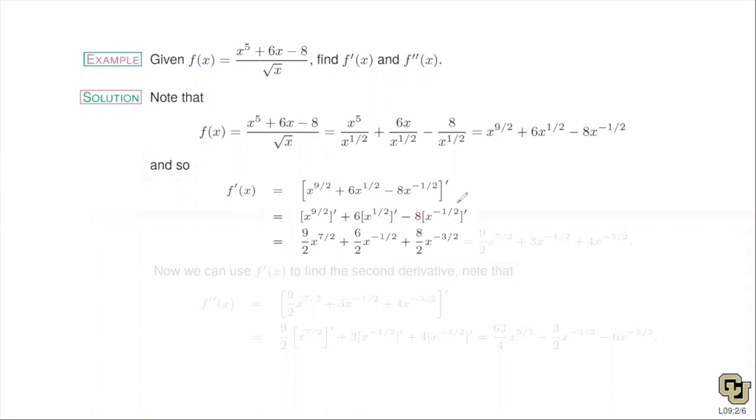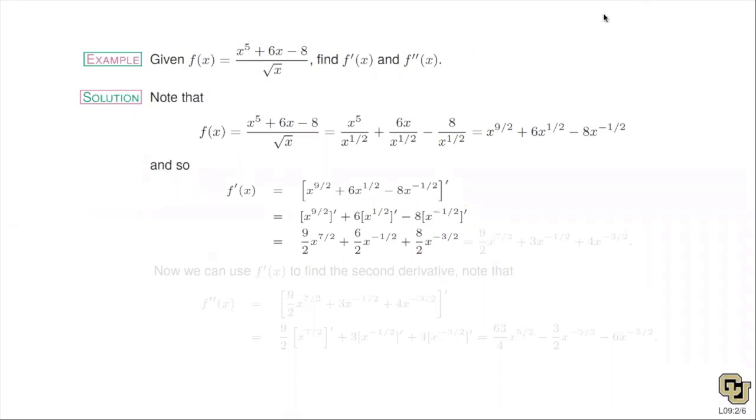For the last term here, the minus 1/2 comes down. There's already a minus there, so minus minus becomes plus, and then 8 times 1/2 looks like 8 over 2. And here, minus 1/2 minus 1, that's like minus 1/2 minus 2 over 2, that gives me minus 3/2.